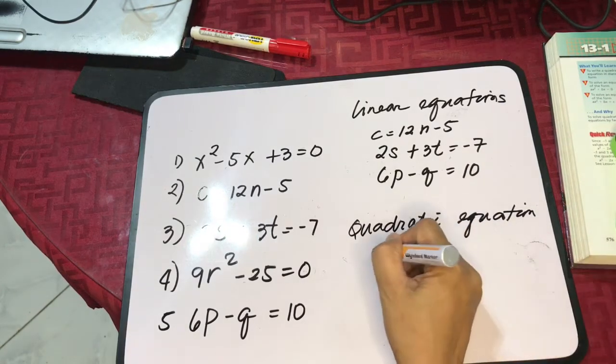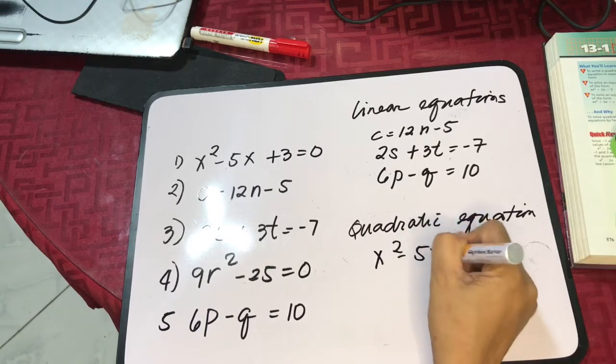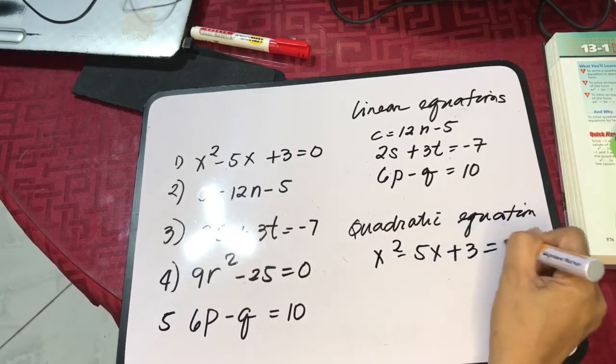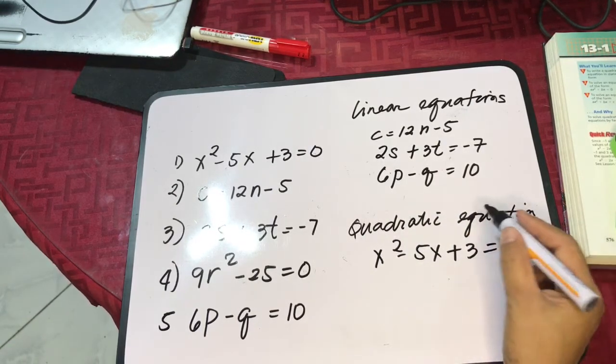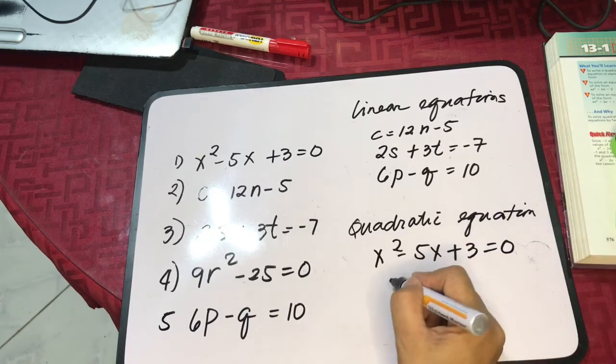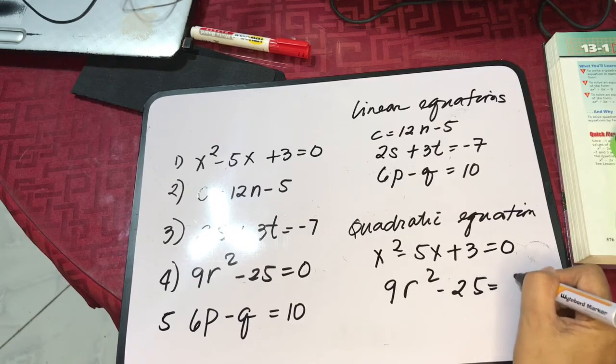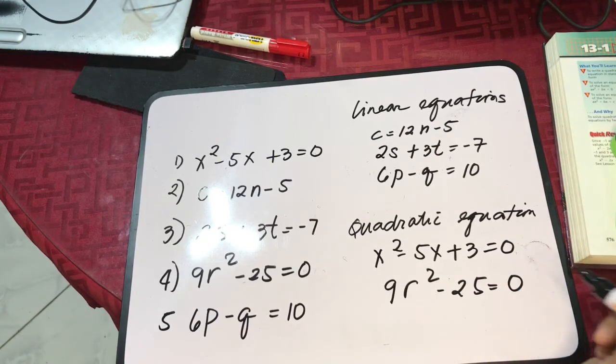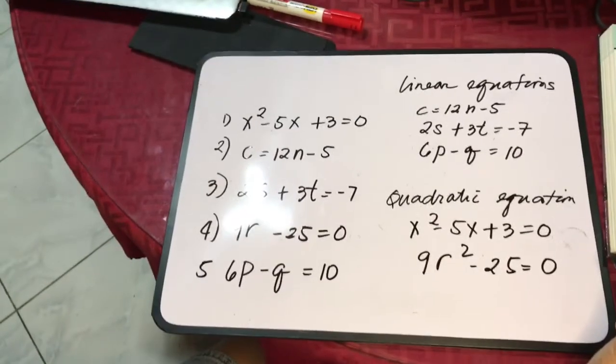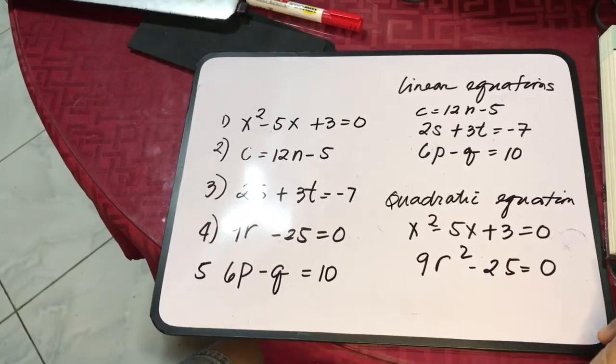Okay. x squared minus 5x plus 3 equals 0 is an example of a quadratic equation. 9r squared minus 25 is equal to 0 is also an example of a quadratic equation.